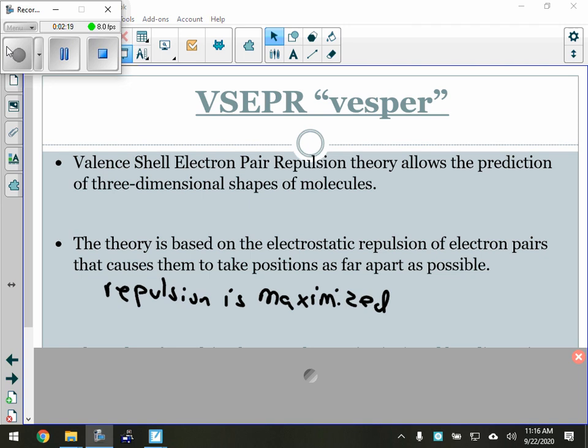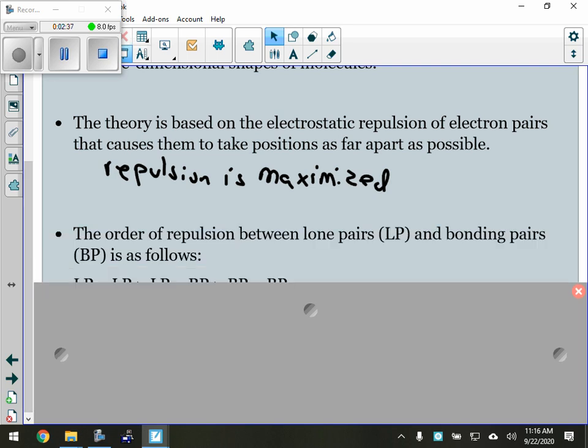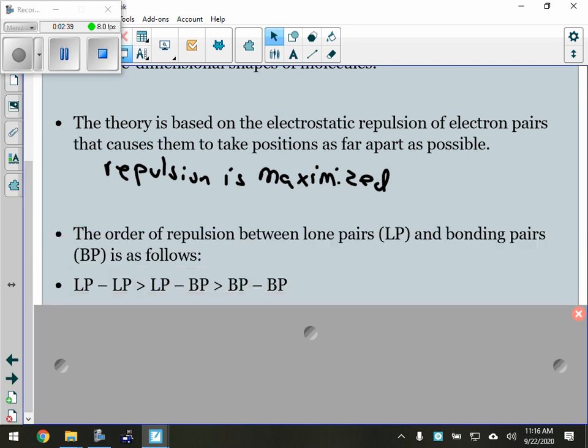And so the key here is that the repulsion has to be maximized. That's key, okay, so make sure you write that down as well. It's, yes, positions as far apart as possible because the repulsion is maximized, okay, between these pairs of electrons, all right? And we're going to kind of look at that, and I'm going to kind of prove that to you as we go here. Yeah, I think we will copy this.